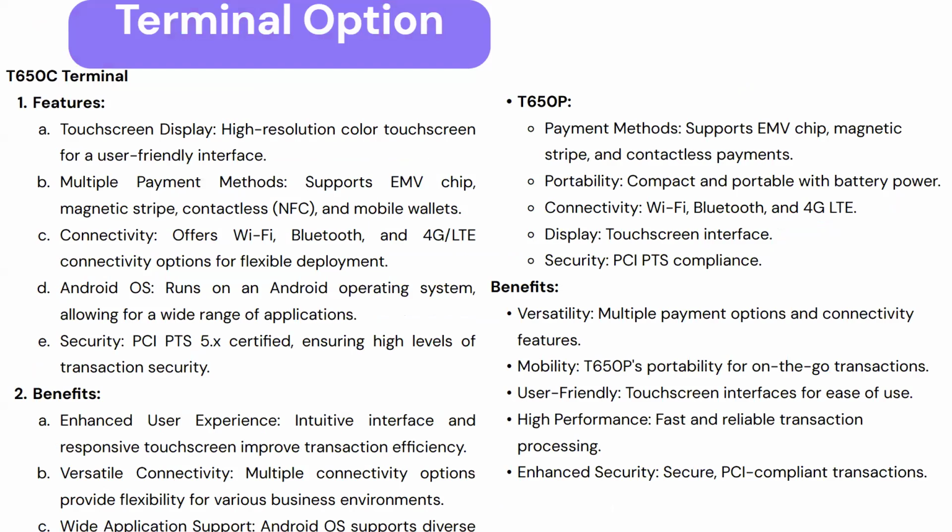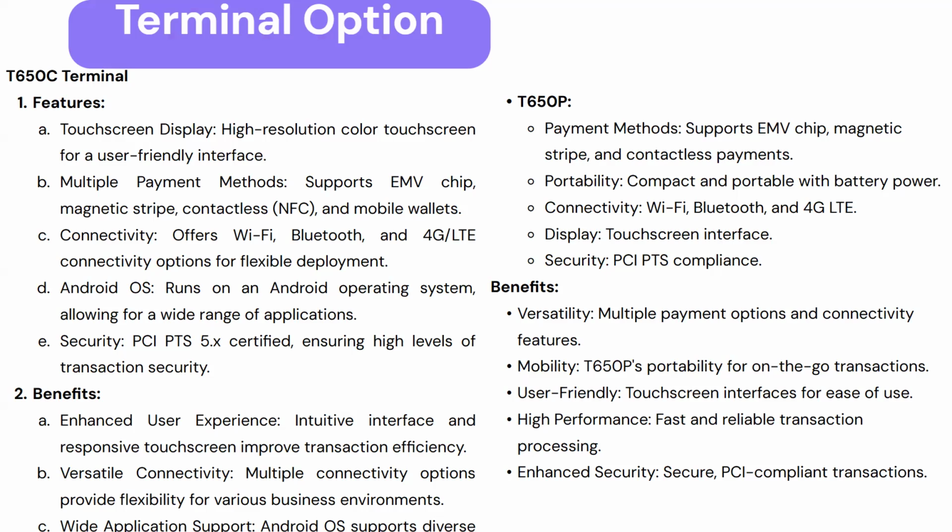Next, we have the terminal options. We have the T650C terminal as well as the T650P. Let's start with the T650C terminal. Features of this include a touchscreen display, a high-resolution colored touchscreen for a user-friendly interface.